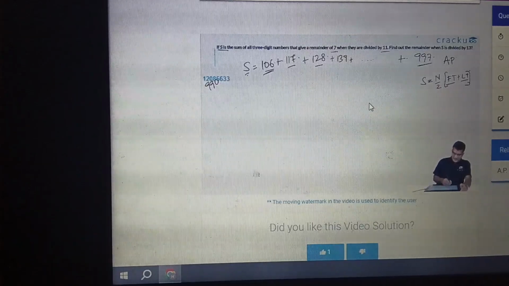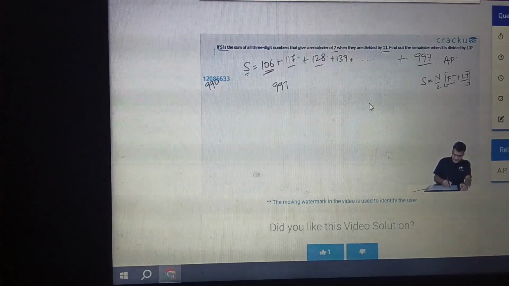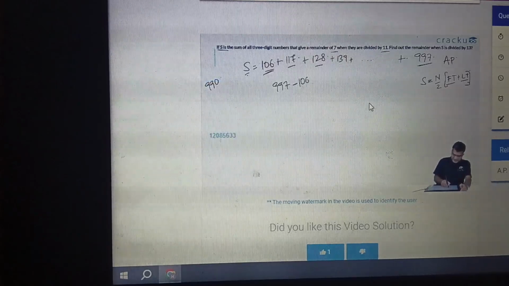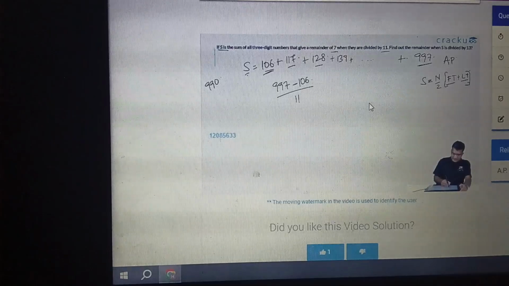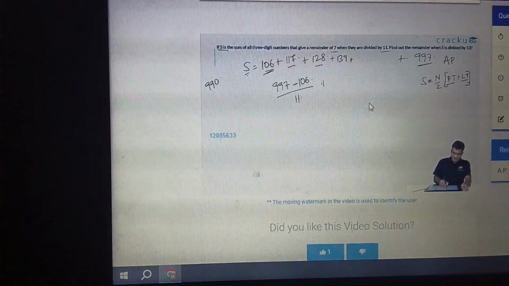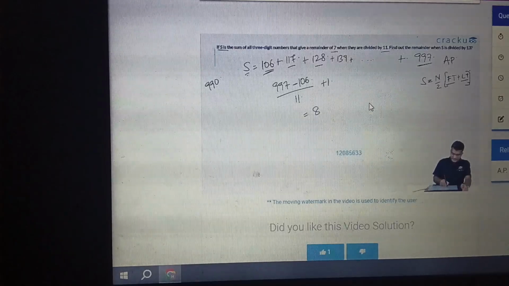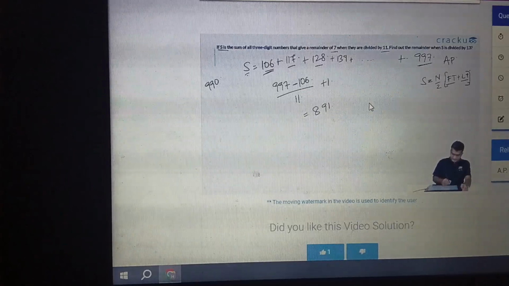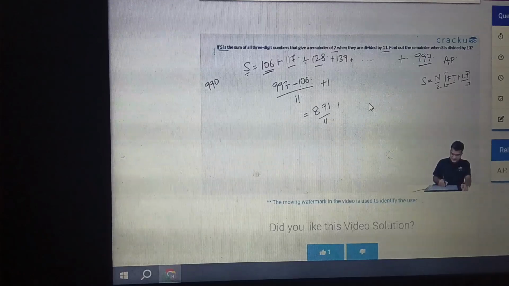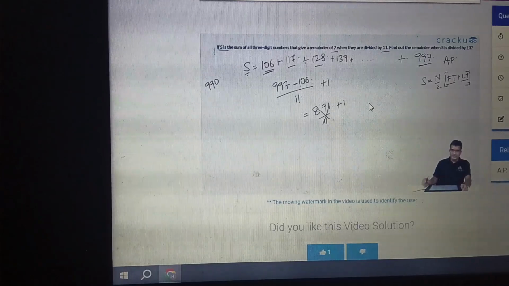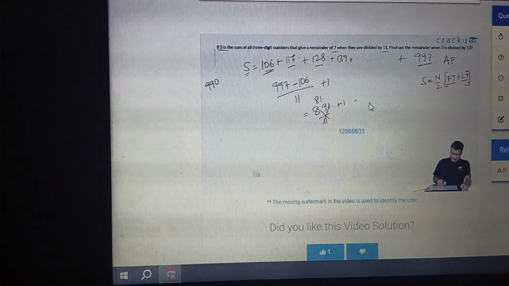The number of terms will be equal to 997 minus 106 divided by 11, which is the common difference, plus 1. This will be equal to 891 divided by 11 plus 1. 891 divided by 11 is 81. So this is equal to 82.